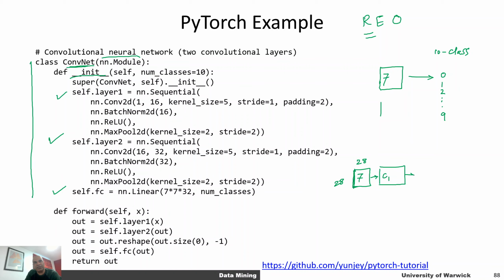The output of that is then going to go into the second convolution block. And then that output is going to be fed into a fully connected layer, or dense layer, over here. And that is going to produce our desired output. So that's the rough structure of what we are going to do.